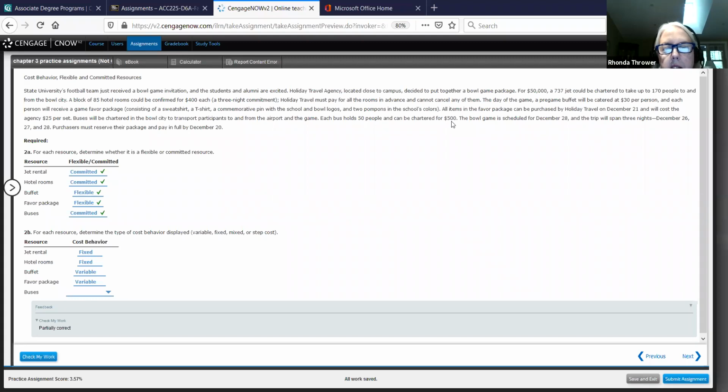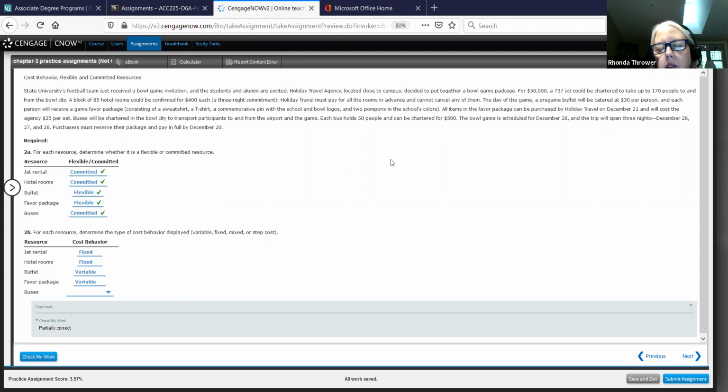But if we have to take another bus, it goes up an additional $500. So this is what we refer to as a step cost. It is a fixed cost for one bus, but if we have to take two buses, it'll be $1,000. If we have to take three buses, it'll be $1,500.